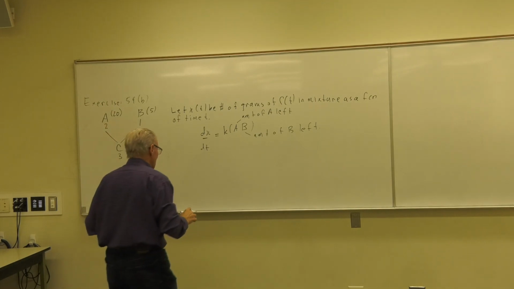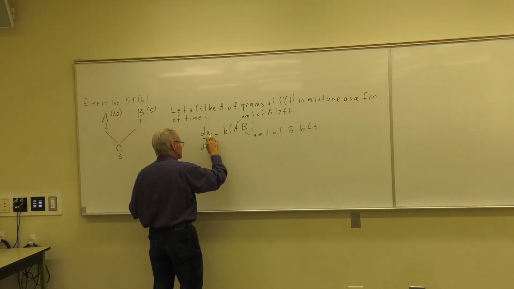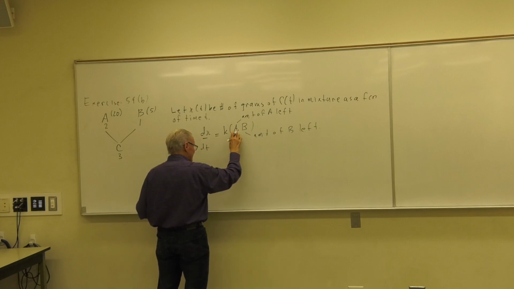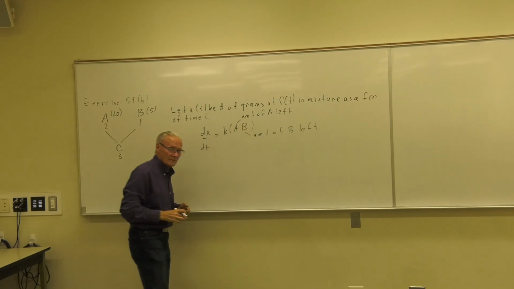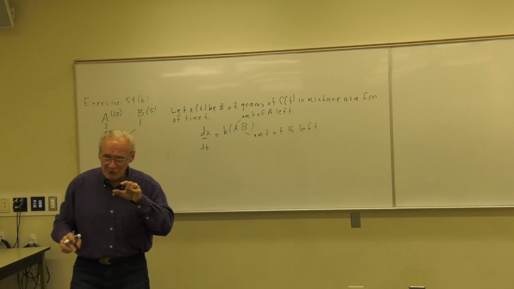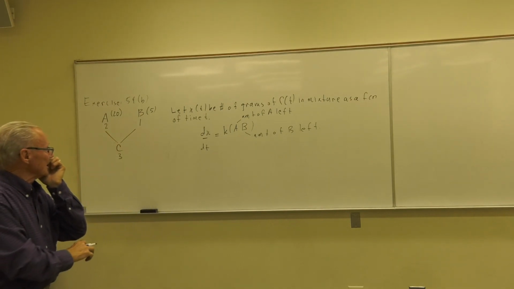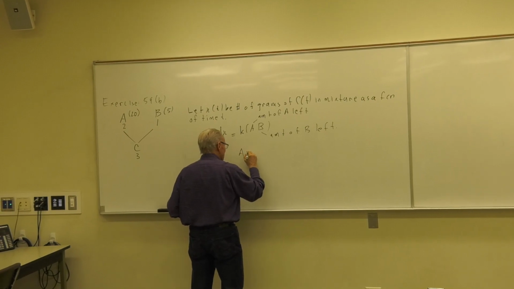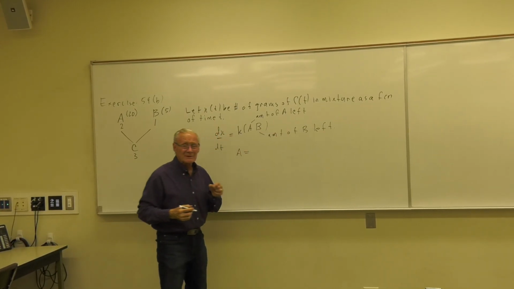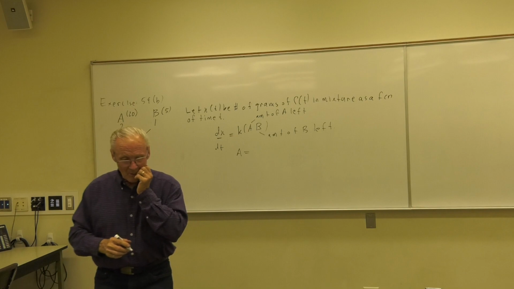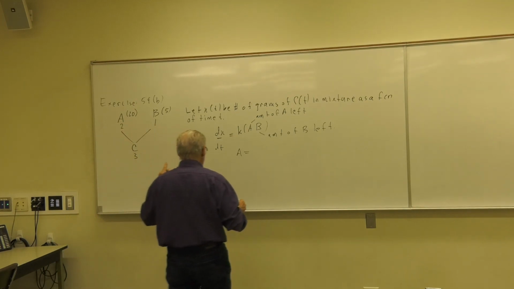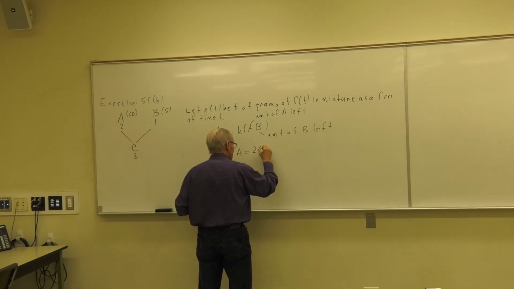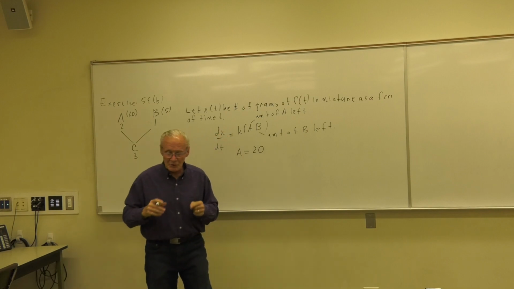Now the objective is to find x as a function of t. That means this has to go and this has to go. And that's your next hurdle then, is what are you going to do about A if A here means the amount of A that's left? Well, think about it. You started with 20, and then you used some of it up.